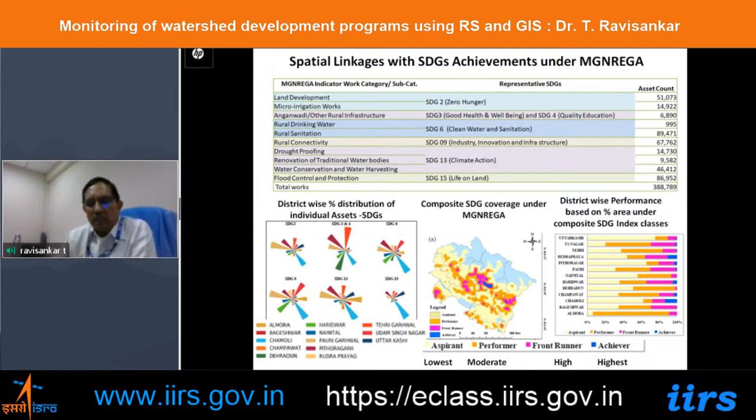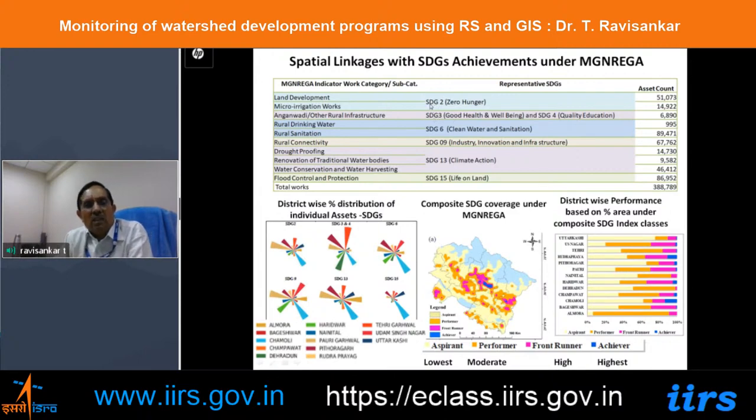Sustainable Development Goal 2 addresses zero hunger, and that is why the Manrega assets created under land development and micro irrigation works have direct linkage with it. And Anganwadi infrastructure goes with good health and well-being and quality education. So this is a sustainable development goal.